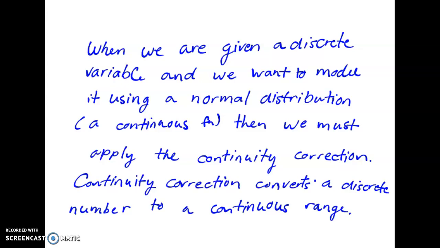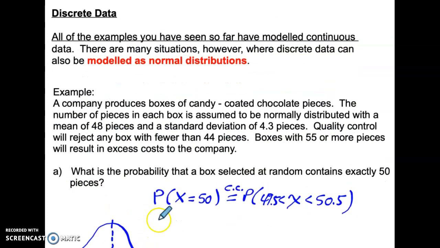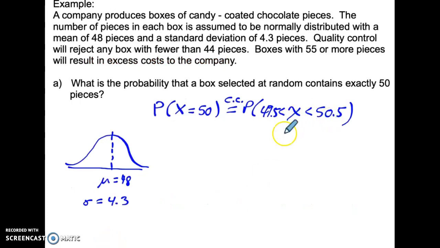So, you always have to ask yourself, is it a continuous variable? If it is, you just go ahead like normal and find the z-score. If it's not, then you have to think, how would I convert this into a range of values that will round to the values that I want? So back to this example.